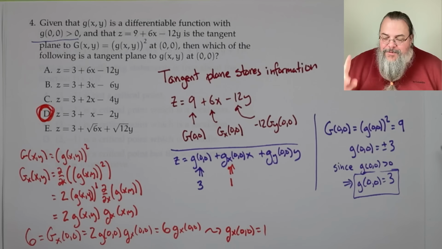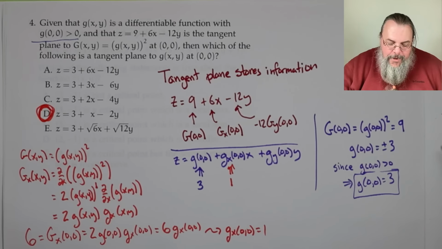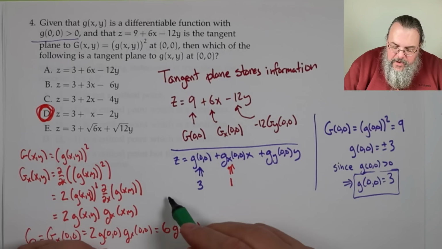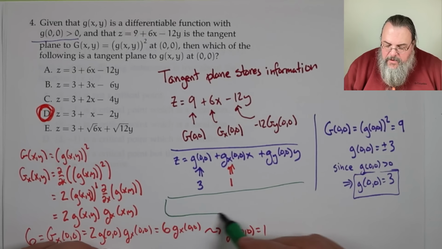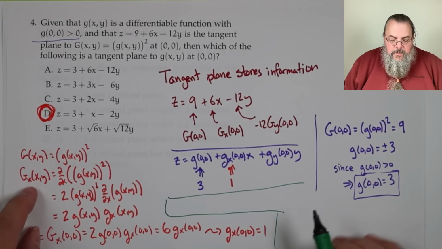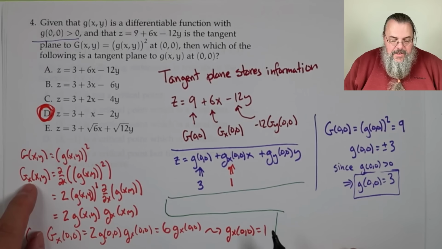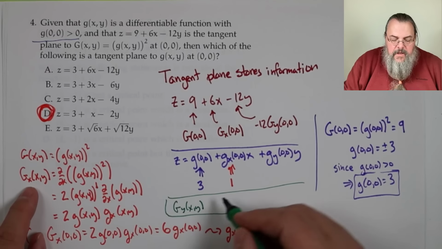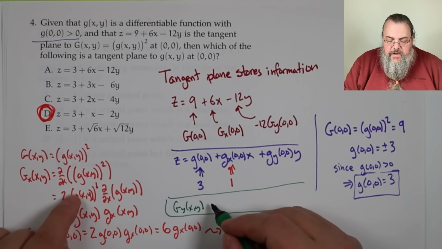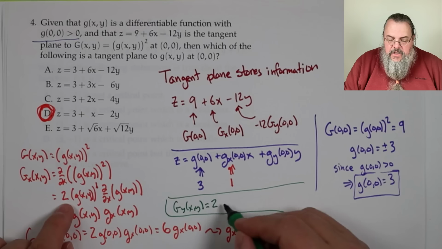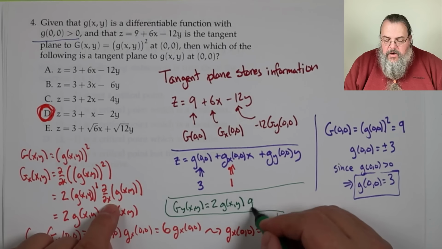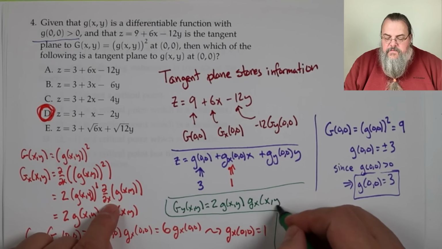We're done. But for completion's sake, one more note. If we did the same thing for g sub y, we can run through the same argument. What you get is that capital G sub y of x, y, that's the derivative with respect to y of g of x, y squared. Again, it's a chain rule: 2 g of x, y times the derivative with respect to y of g.